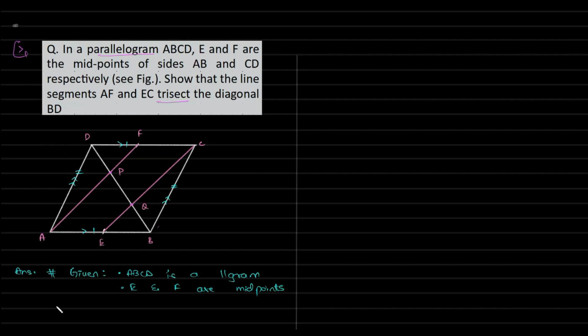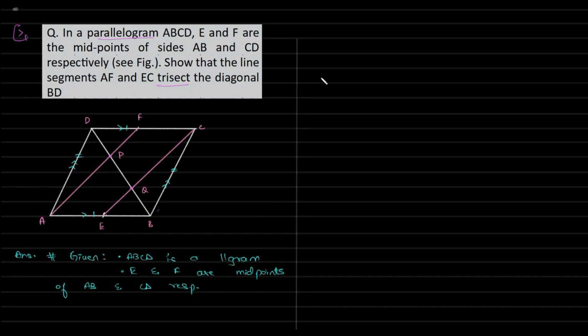And we have E and F are midpoints of AB and CD respectively. So what do we need to prove? To prove AF and EC trisect the diagonal BD.